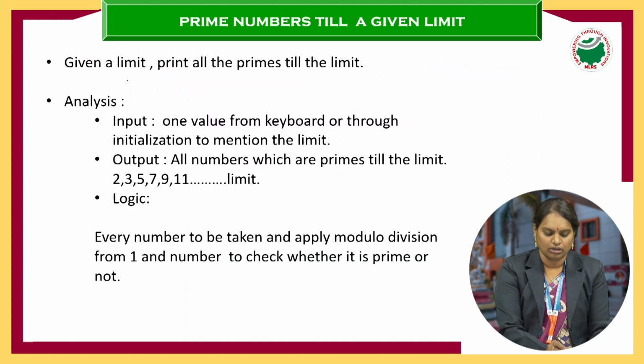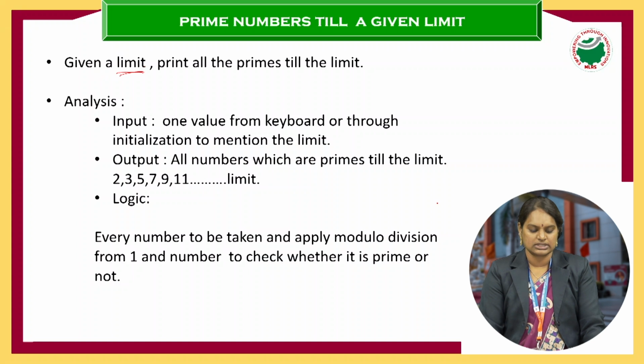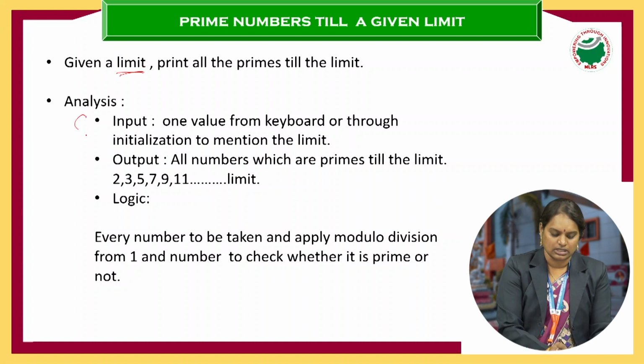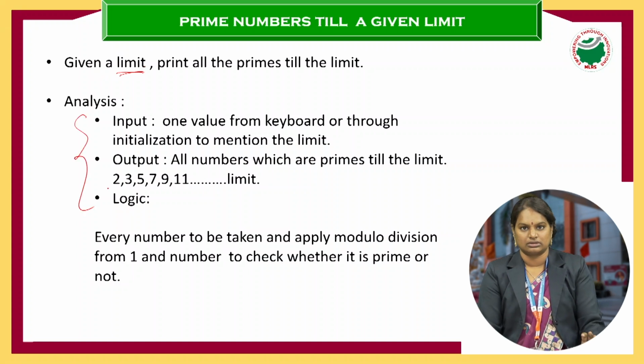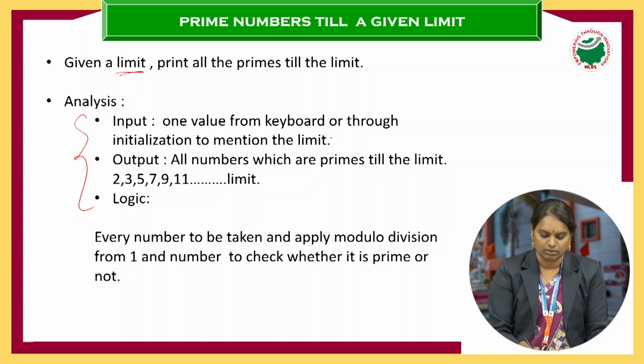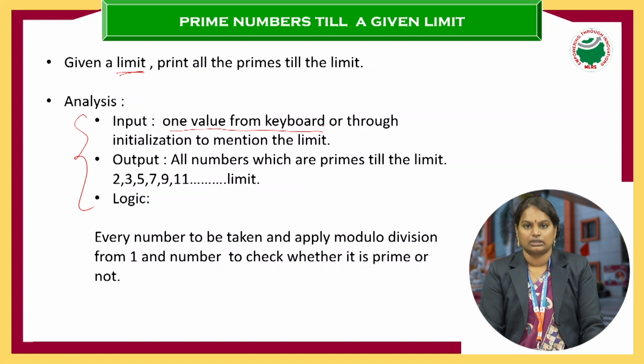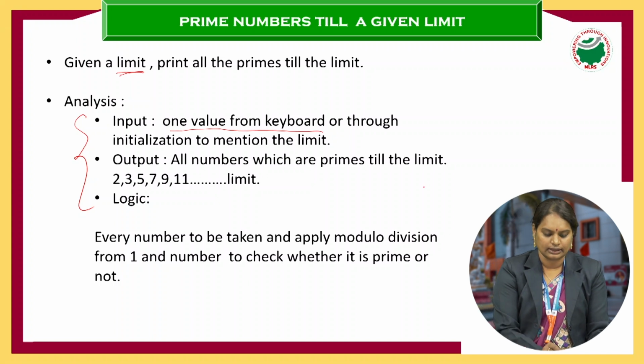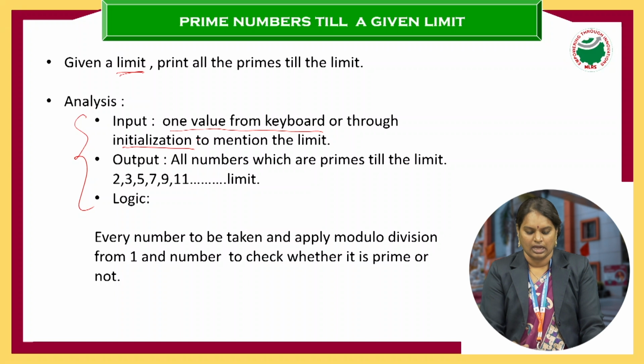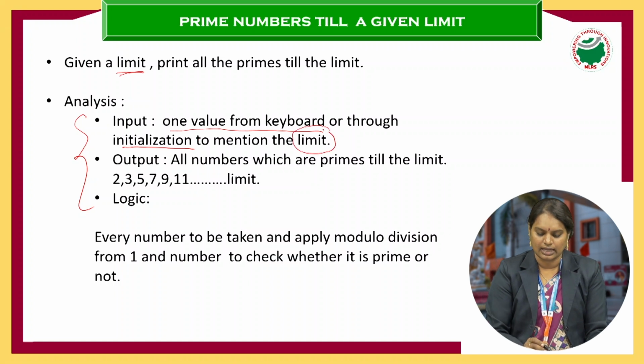Now in this scenario, I will be giving a limit. As per the previous sessions, in critical thinking we have to look into three parts: input, output and the logic. In our question, we will be giving one value, either from the keyboard as input or directly as an initialization, and I am marking it as limit.